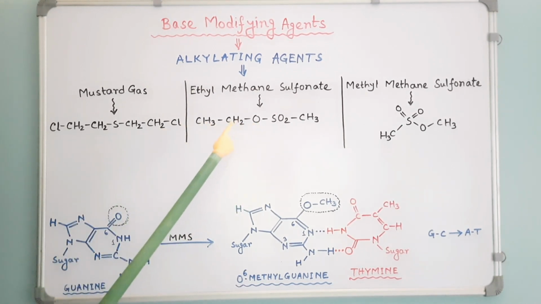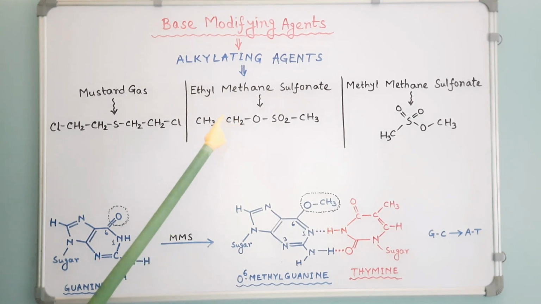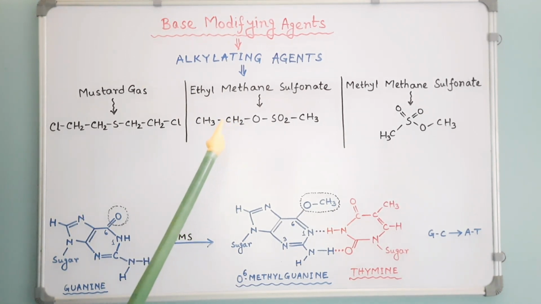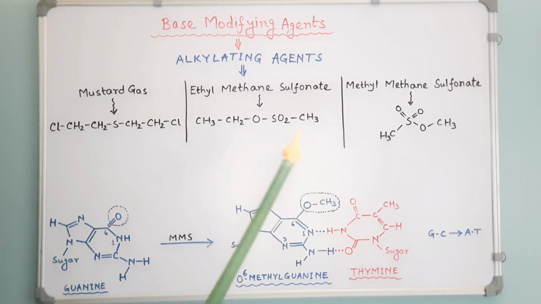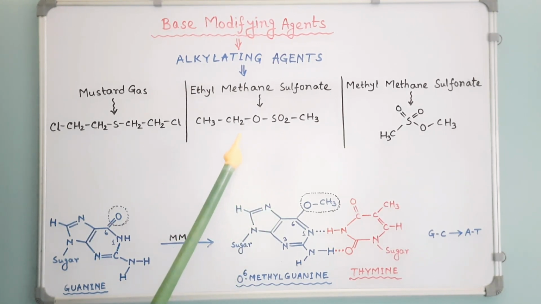Alkylating agents transfer methyl or ethyl groups to the bases of DNA, resulting in altered base pairing potentials.